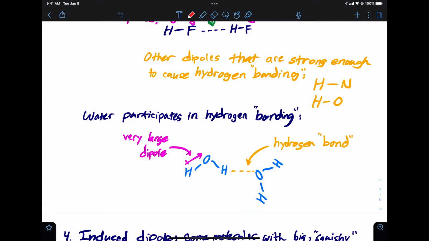Hydrogen bonding is really important in a lot of situations, almost too many to even try to count, or too many to even try to illustrate. But a couple ideas. Water has a very high boiling point.